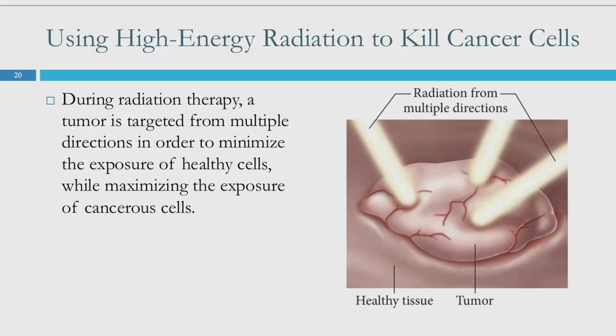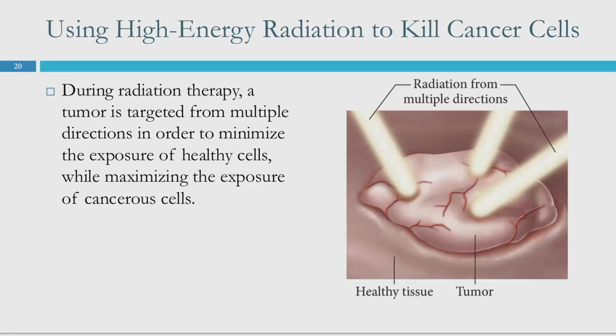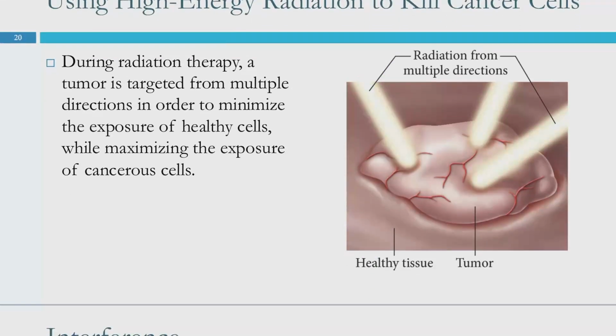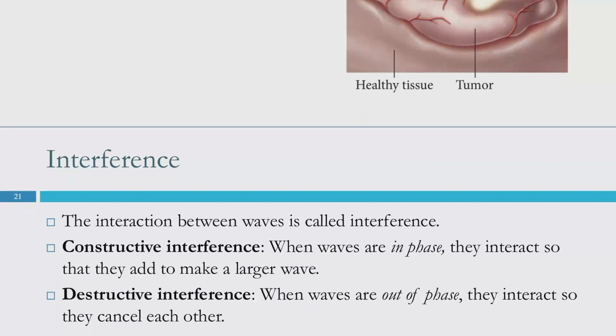Because all of those beams are shooting at the same area, all of that energy gets focused into wherever that tumor is. I think this is not especially common. I'm guessing that it's quite expensive. But it can be done. The healthy tissue is still getting a little bit of radiation, but not quite as much. And there are some other interesting details about the way that that works.